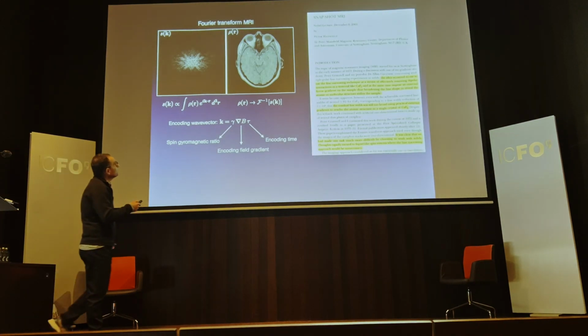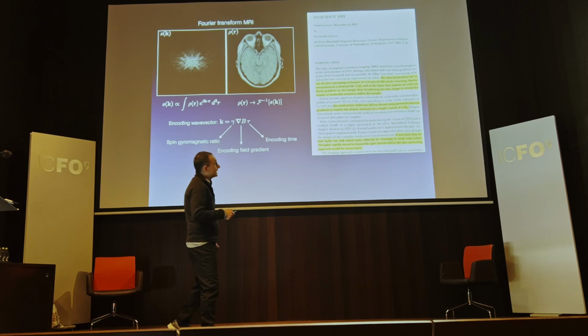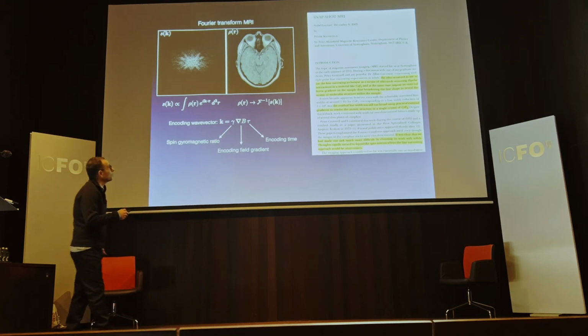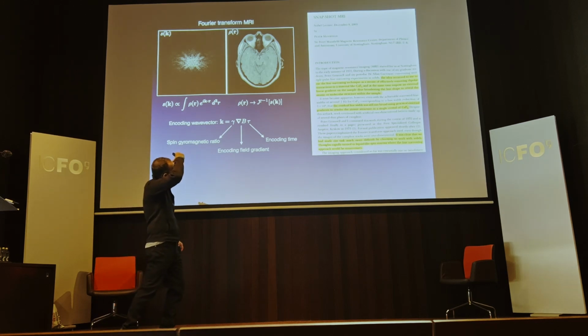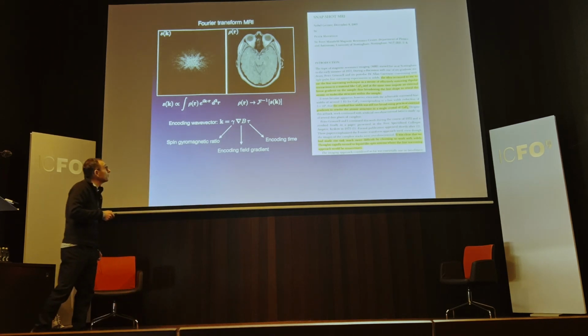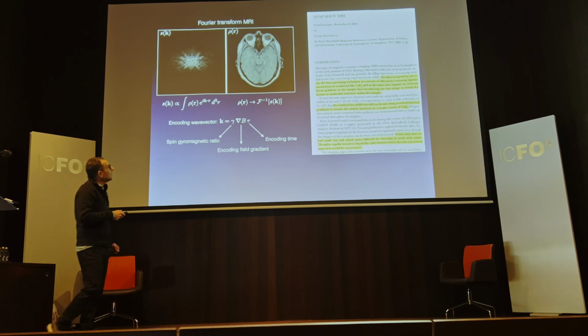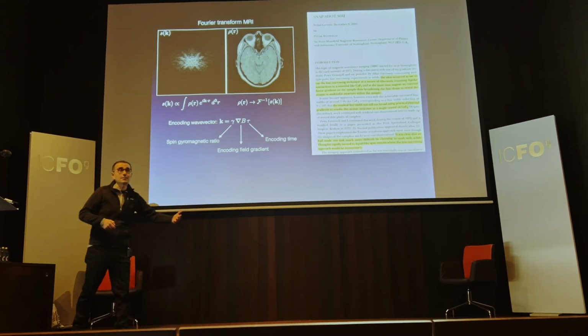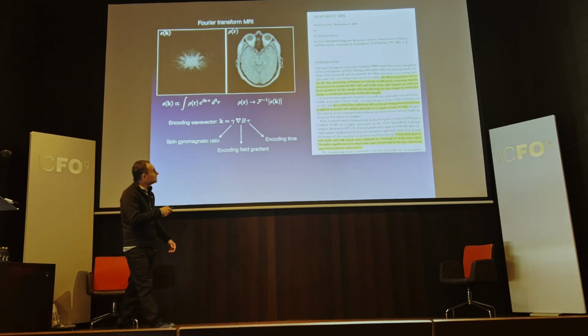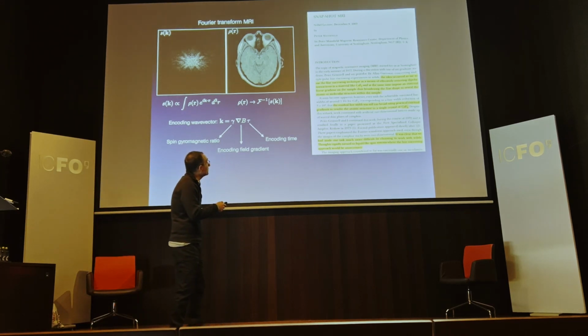So the father of magnetic resonance imaging, or one of the fathers, there are two, is Peter Mansfield. So Sir Peter Mansfield, in his 2003 Nobel Prize lecture, gives this history about how he came to think about MRI imaging. So let me just highlight a couple of excerpts here. Let me read them to you.